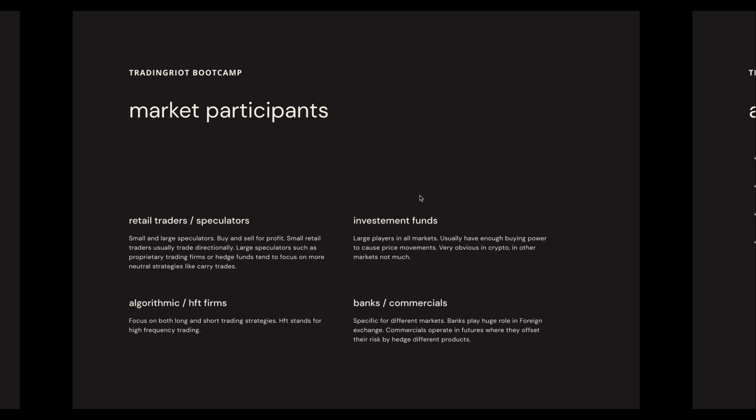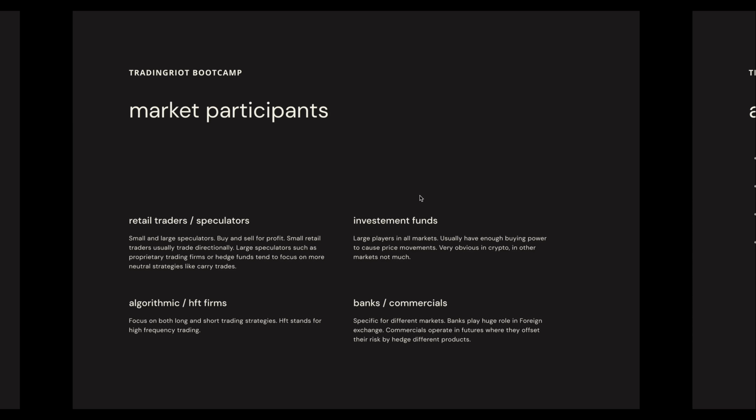So you have retail traders and speculators. These are discretionary traders usually, or they can also be systematic, but they trade directionally and want to profit on long or short market fluctuations basically.